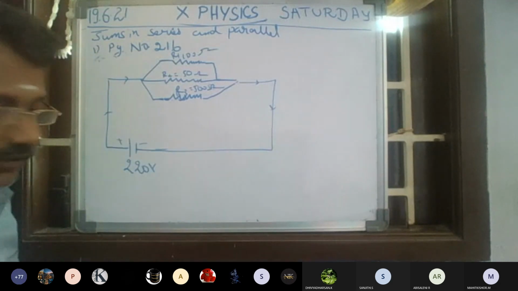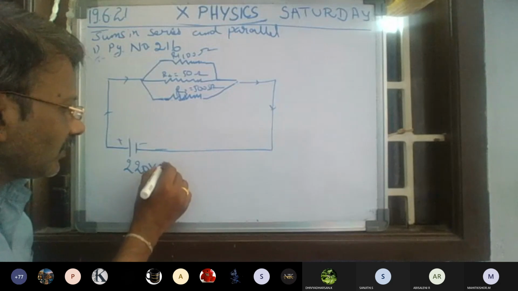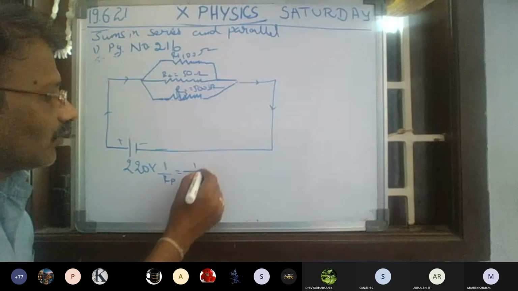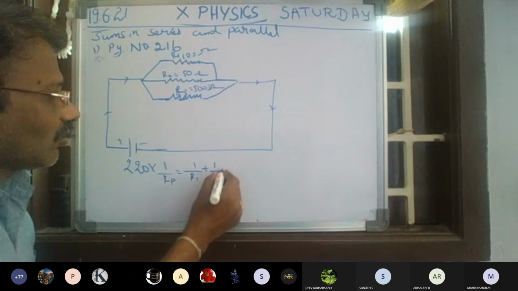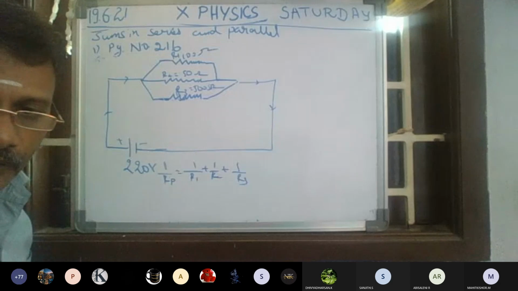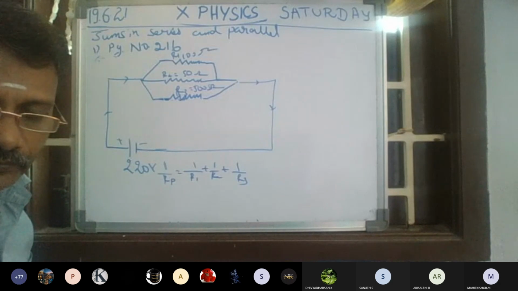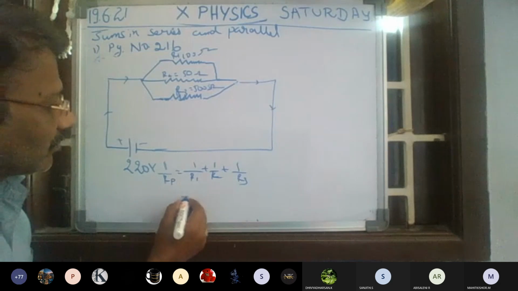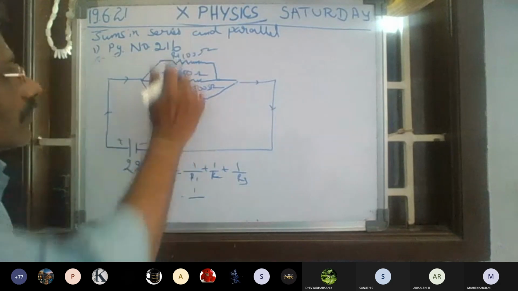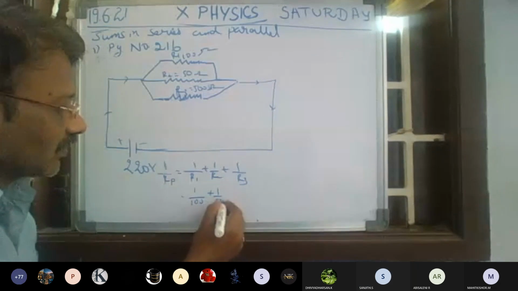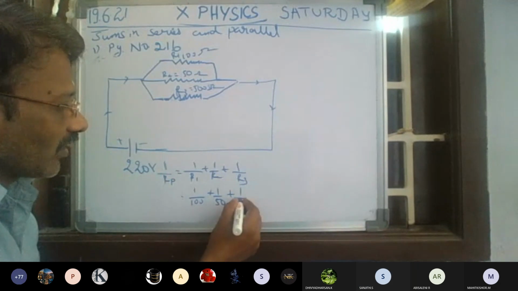For total resistance, 1 by Rp is equal to 1 by R1 plus 1 by R2 plus 1 by R3. Understood? 1 by R1 is 1 by 100 ohms, plus 1 by 50, plus 1 by 500.